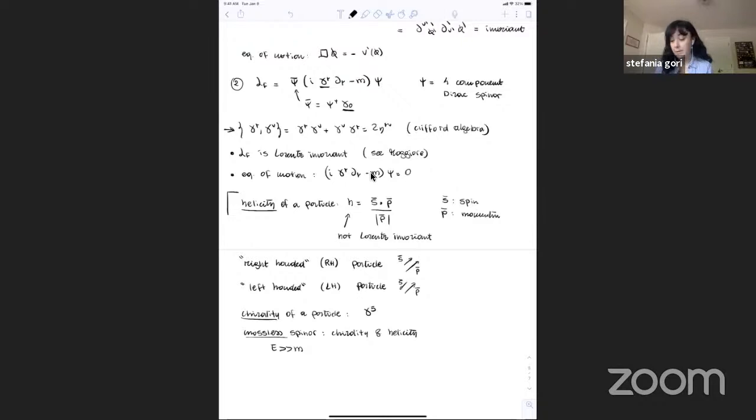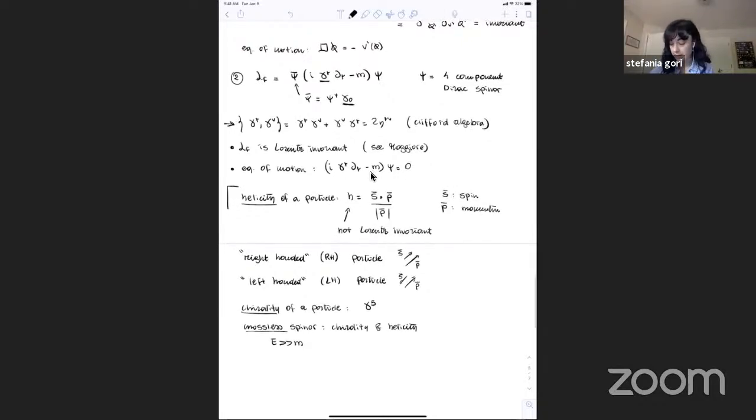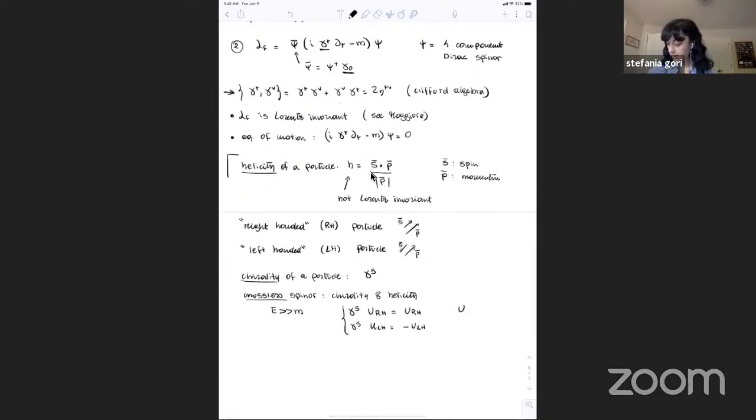In this limit, what we can demonstrate is that if we take the gamma 5 matrix and apply it to a right-handed particle, then we get the same spinor back. Sorry. And instead, if we apply it to a left-handed particle, we get a minus sign. So this is for a four-dimensional spinor of a particle.